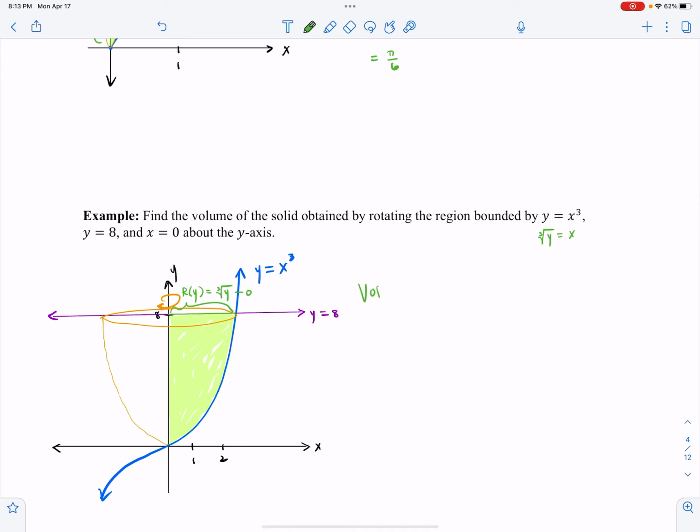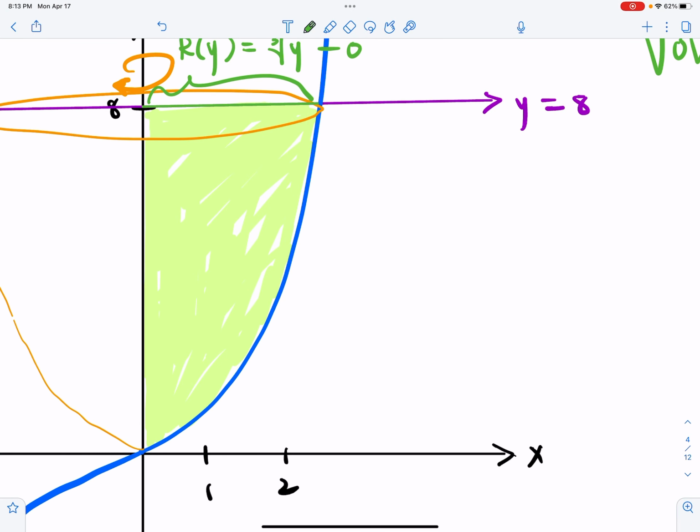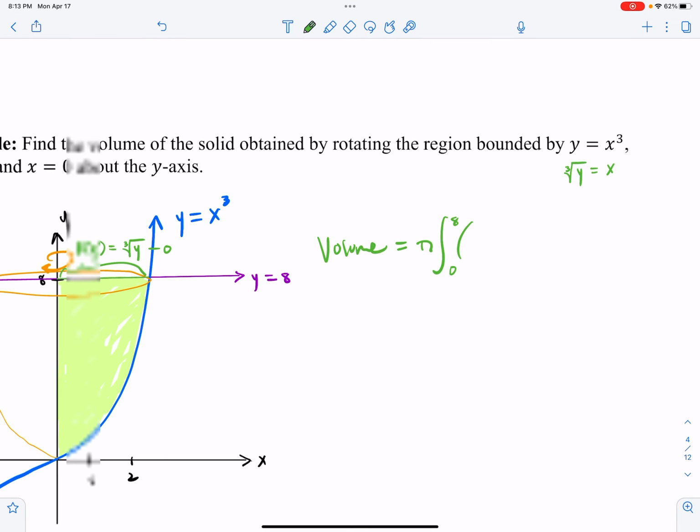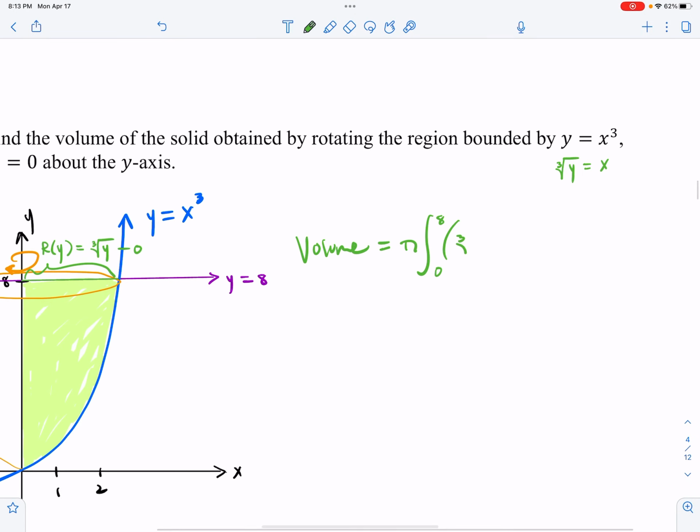So volume will be pi times the integral. We're integrating with respect to y. So thinking about this bounded region, y values, bottom to top, would be 0 to 8. I've already defined what r of y is, dy.